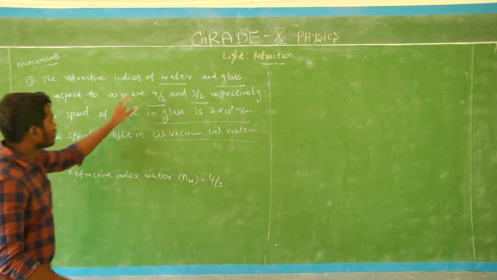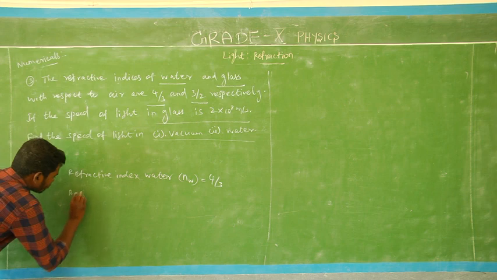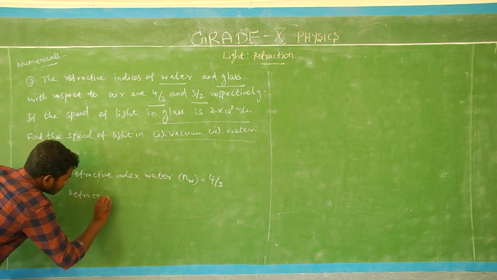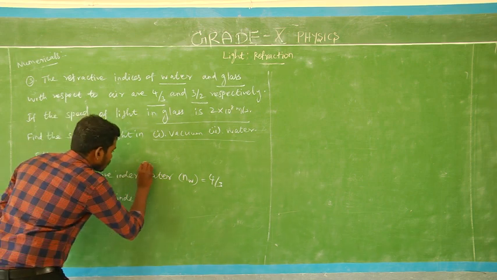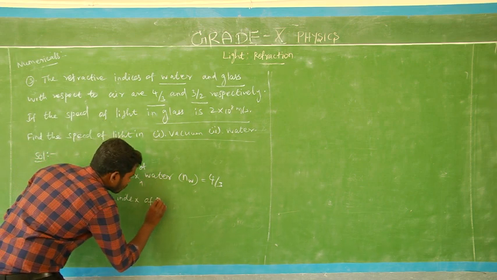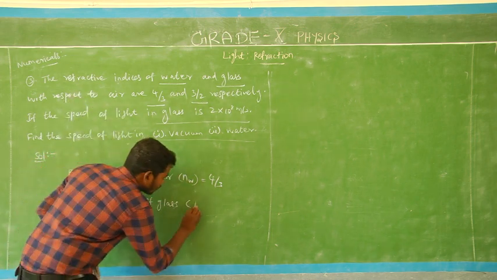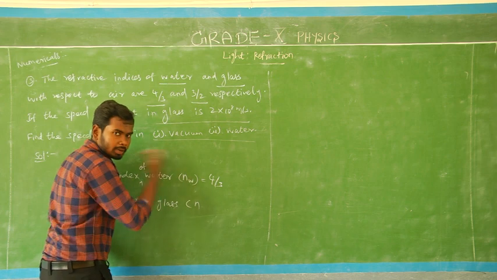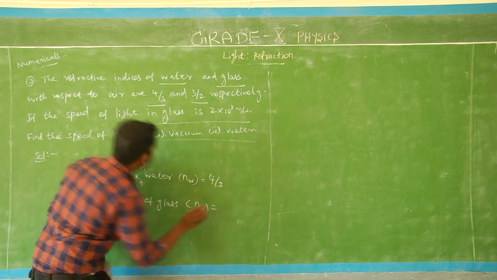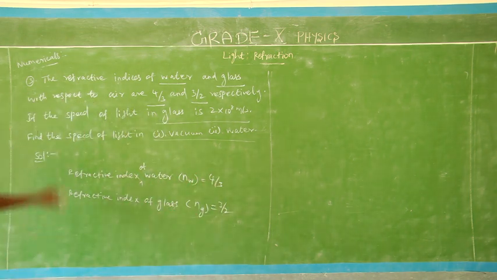Next one, refractive index of glass with respect to air, which means Ng, is equal to 3 by 2.